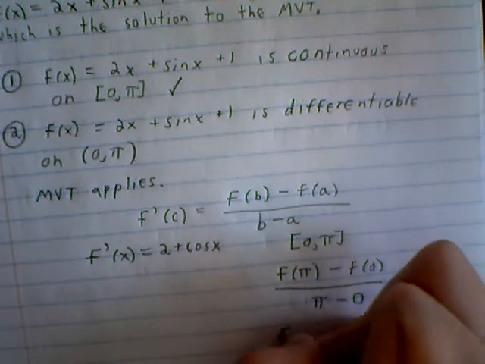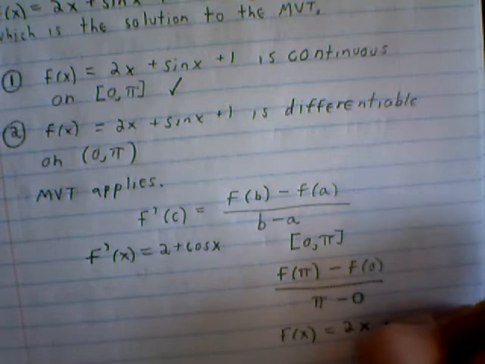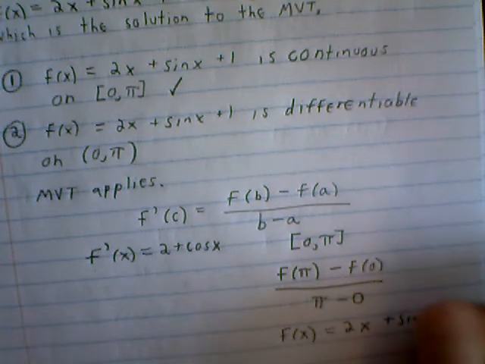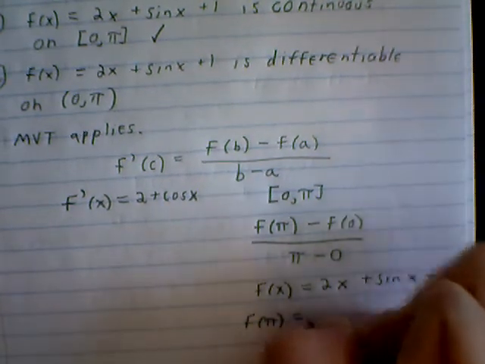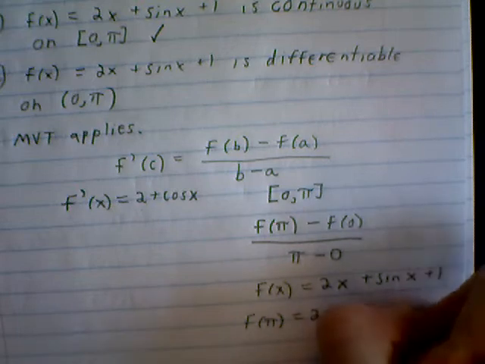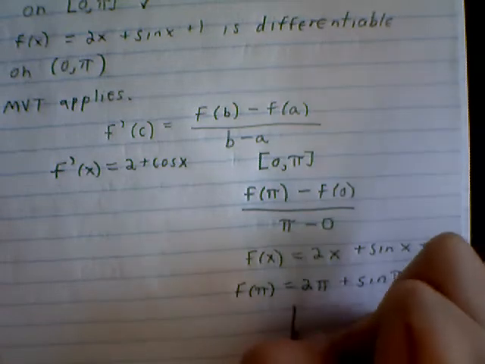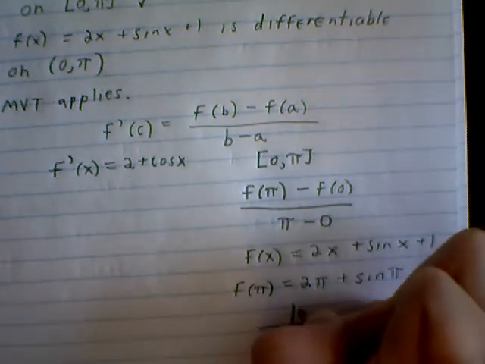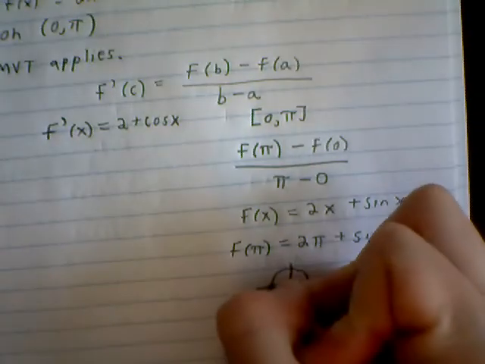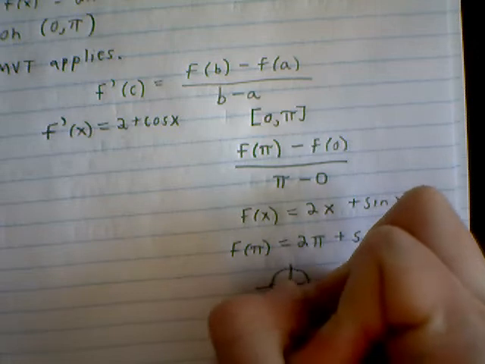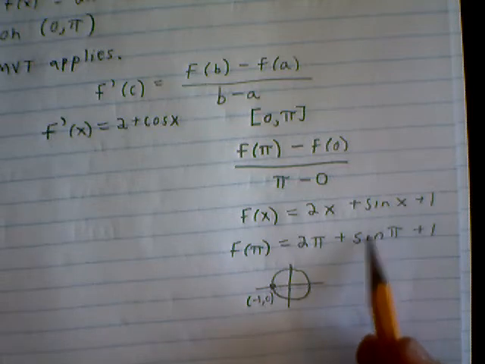Now, f of x was equal to 2x plus sine x plus 1. So f of pi is going to equal 2 pi plus sine pi plus 1. Now, if I think about the unit circle, at pi, that's negative 1, 0. The y value is 0, so the sine of pi is 0.